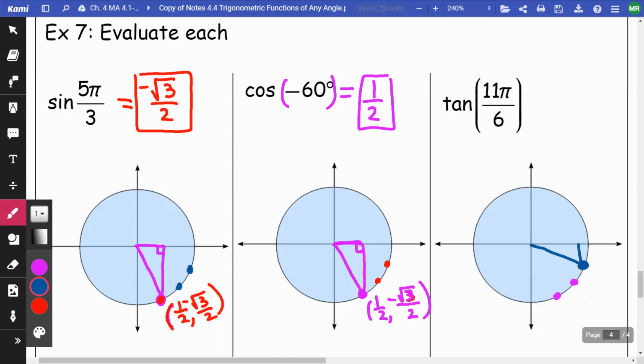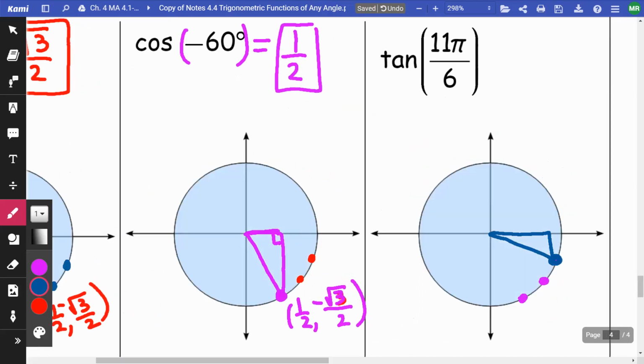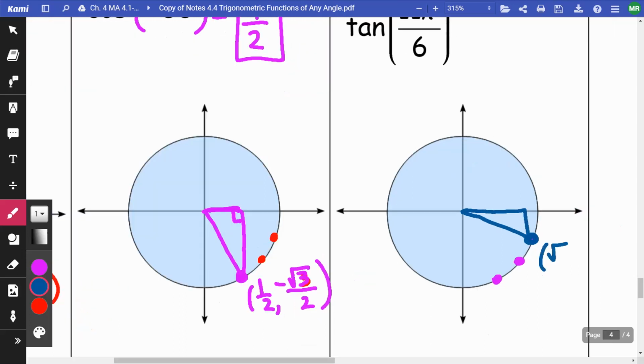When I'm trying to find the coordinates, I want to pay attention to how I'm moving. I'm going long, comma, short. When I say long, I mean root 3 over 2, and when I say short, I mean 1/2. So the coordinates of this point are a positive root 3 halves, comma, a negative 1/2.